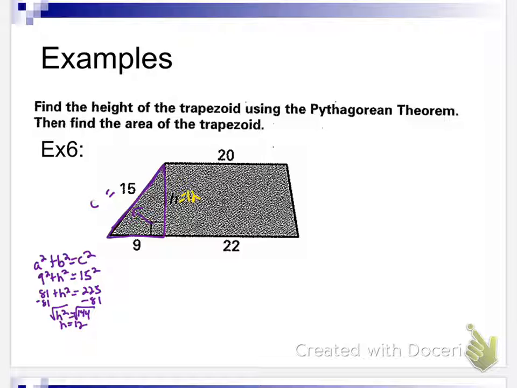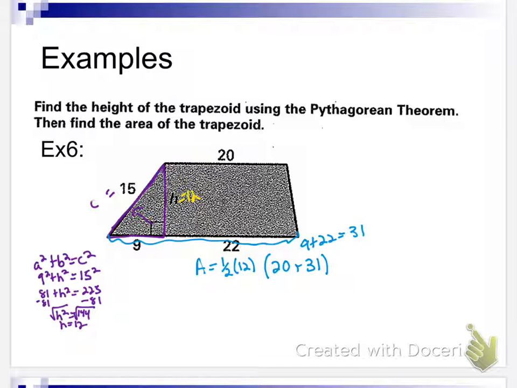And now we get to use our formula. So area equals 1/2 height of 12, and then base 1 plus base 2. Base 1 is 20. Base 2 would be 9 plus 22, which is 31.